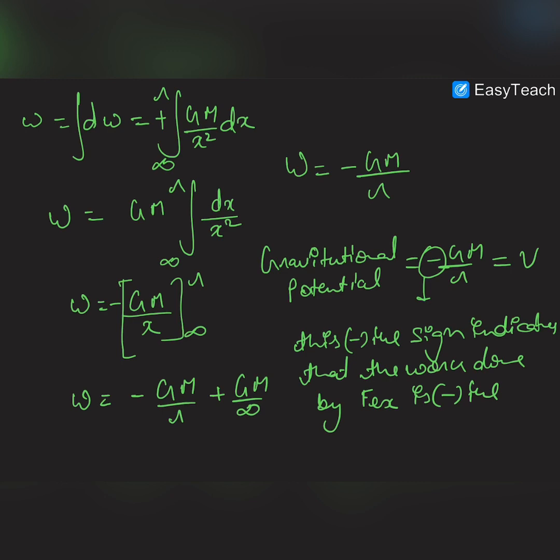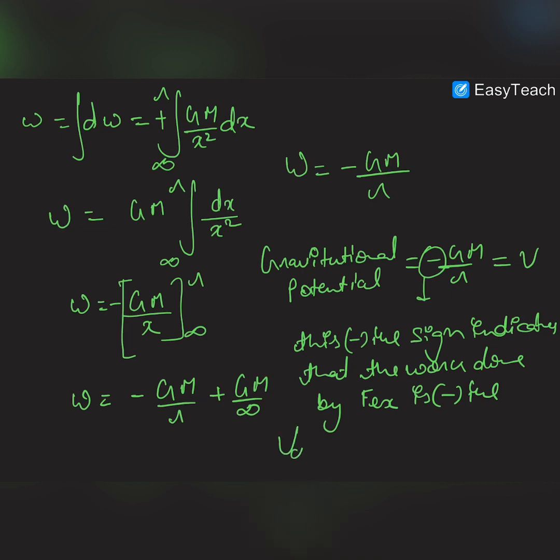Now you can see again why we mention that it is the work done in bringing a unit mass from infinity. It is due to the fact that infinity is the reference point to measure the gravitational potential, because the potential at infinity is 0, and we always take the reference point as that point where the quantity becomes 0.